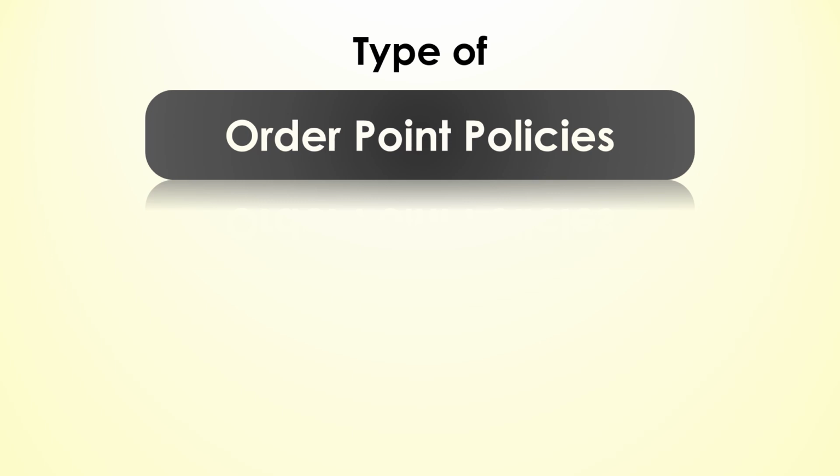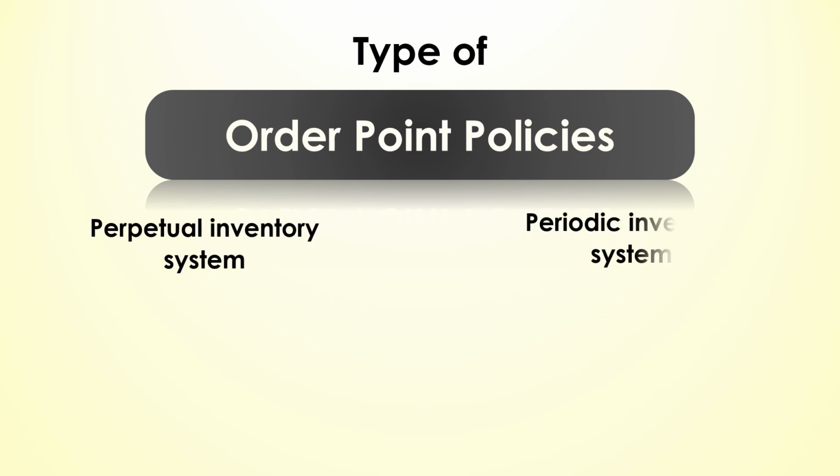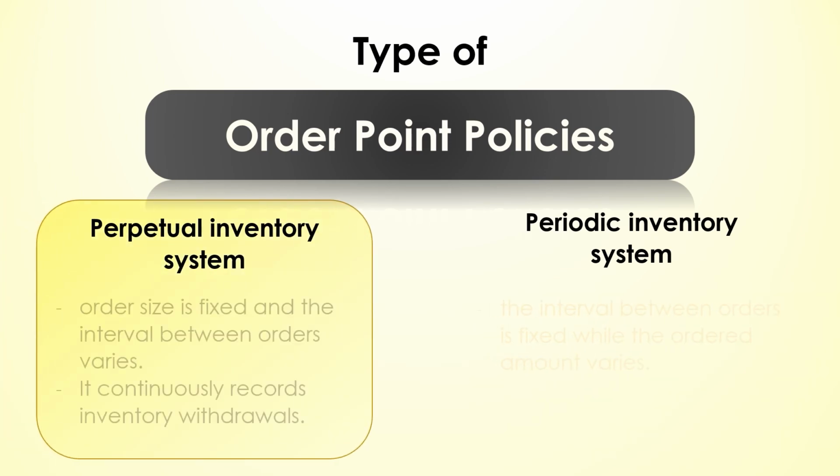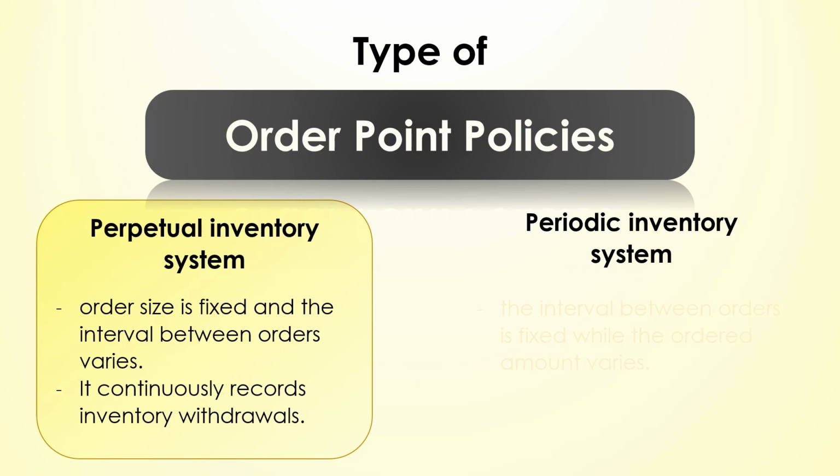So there are types of order point policies. We have the perpetual inventory system and the periodic inventory system. As defined, in the perpetual inventory system, order size is fixed and the interval between orders varies. And here it continuously records the inventory withdrawals.